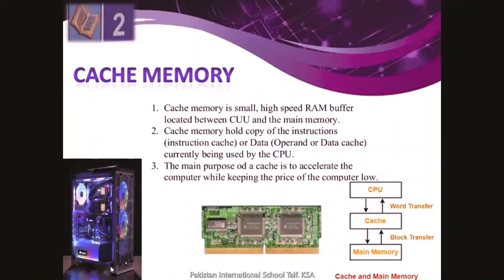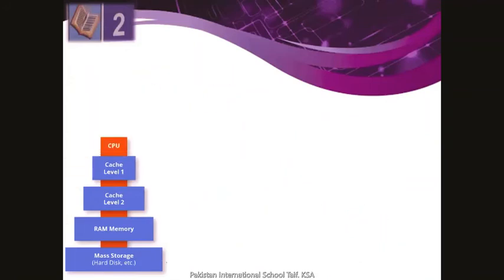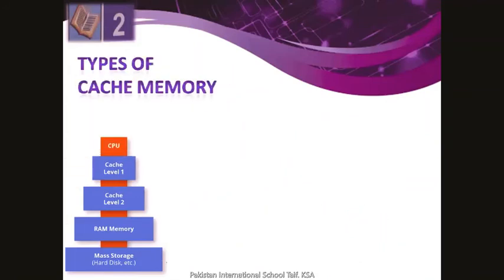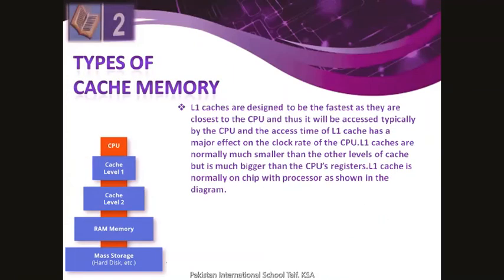So here we can check, we have a CPU, we have a main memory, and we want to transfer a block of instructions. It will transfer to the cache memory, and the cache memory interacts with the CPU and transfers the instruction quickly. So this is a high-speed memory, small in size, which is used to transfer our data and instructions quickly.